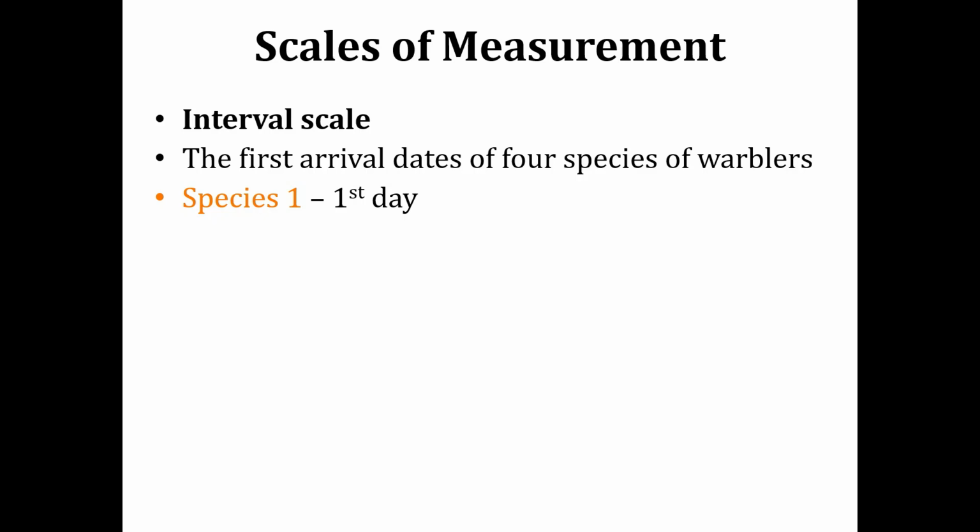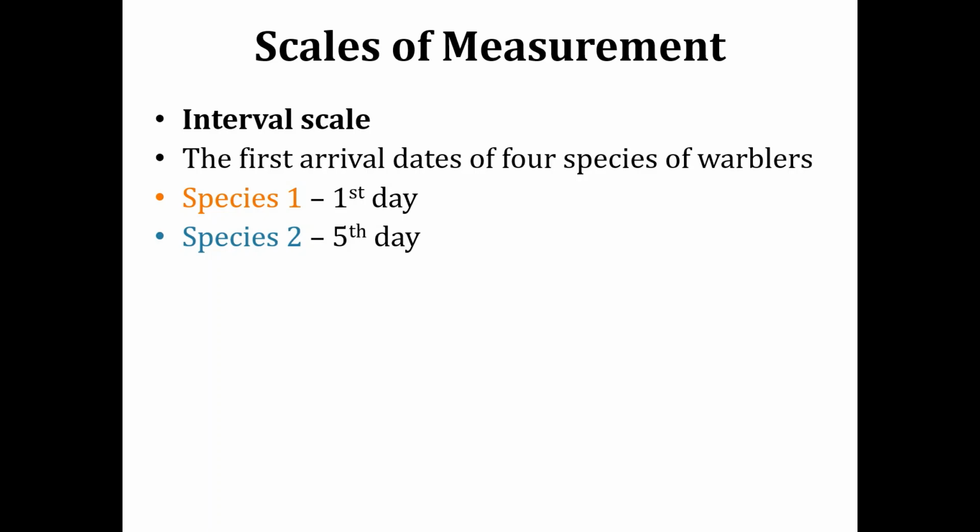And then we are going to count the days, first day, second day, third day, and we see how these species arrive on this scale. So the first species arrives on first day, and this is going to start our scale. And then we have the species 2, and the species 2 is arriving on 5th day, right?